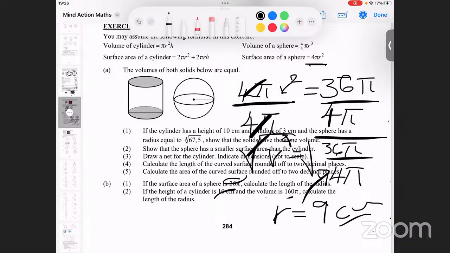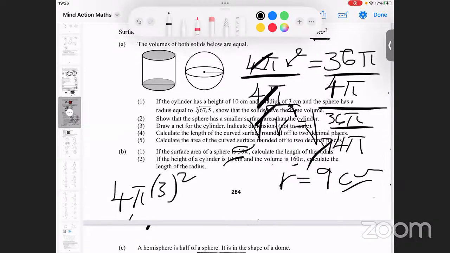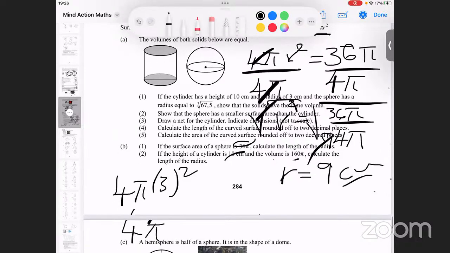Did we all understand? Ma'am, I got 3. You got 3. Yes, ma'am. Okay, let me try to substitute and then I'll see. 4 pi into 3 squared, and again, let's see, 4 pi into 9.